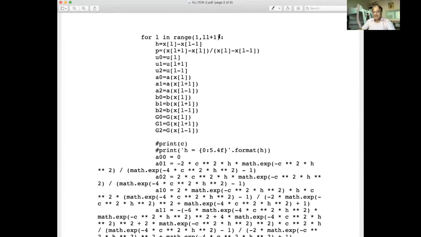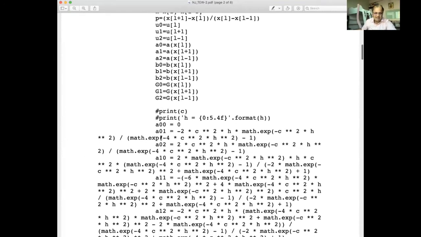Now, you see the radial basis weights that I have to assign here. Radial basis weights are assigned here in the loop. In fact, it is very much required to assign them in the loop if you are taking different values of LL. If you are calculating for only one value of LL, then there is no need to put it inside the loop.